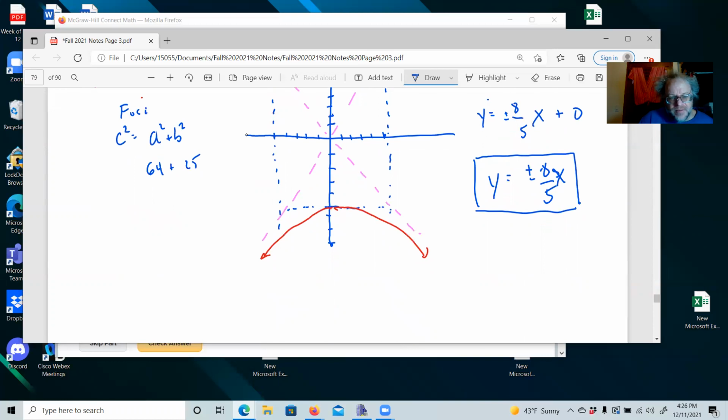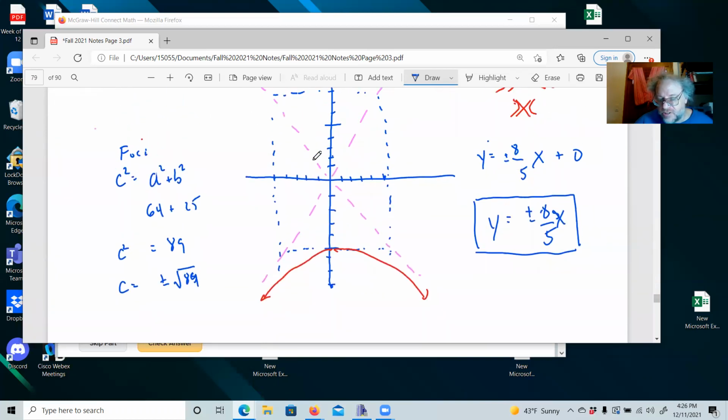So what do we have here? We have 89 is equal to c squared. So c is equal to plus or minus root 89. Again, these are in the direction of the major axis, not the transverse, we want the major axis.